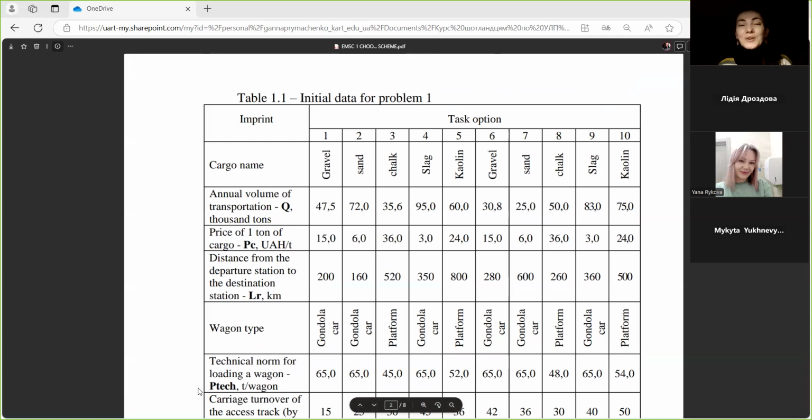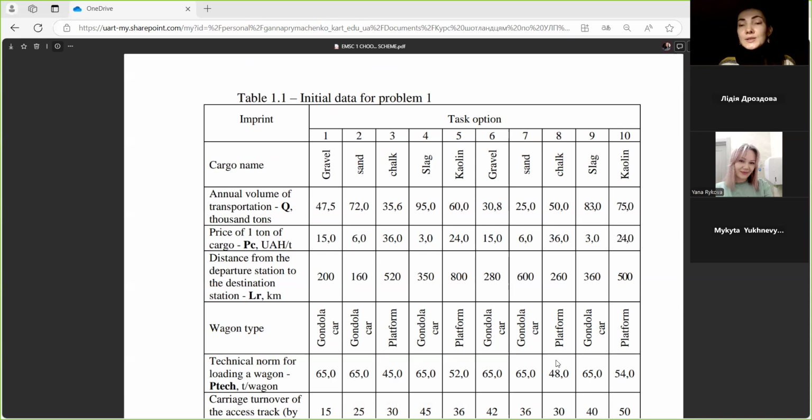It is the technical norm for loading a wagon: how many tons on one wagon we could use in our delivery program. For example, for the first variant, 65 tons, so we use the second formula 1.9. For the third variant, for example, 45 tons, we use the first formula 1.8, for up to 64 tons.